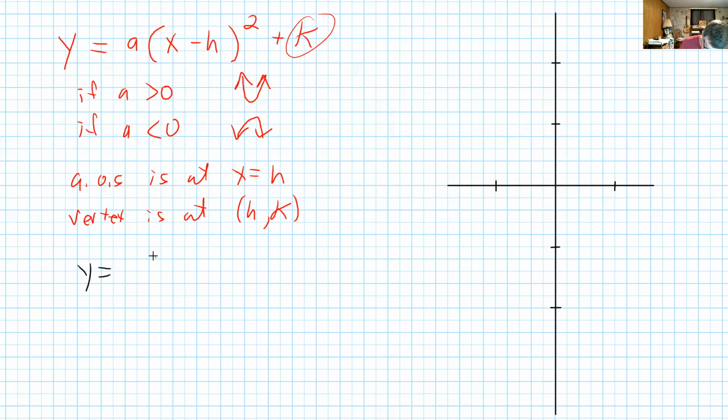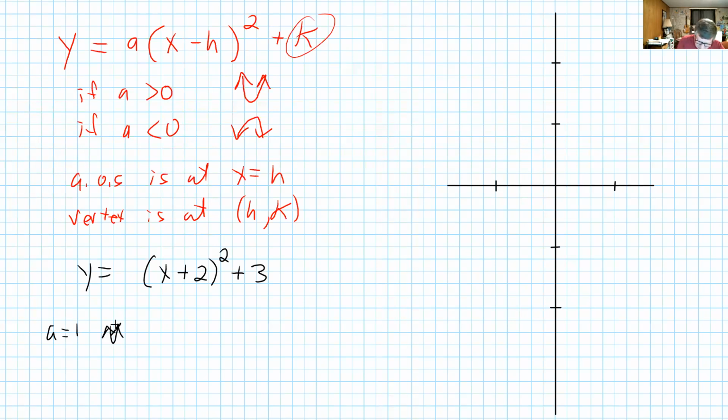Y equals (x plus 2) squared plus 3. A, in this case, is the implied 1 out front. So if a equals 1, that means it's going to open upwards.